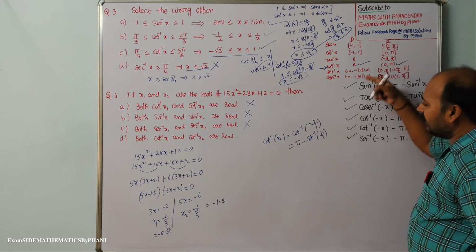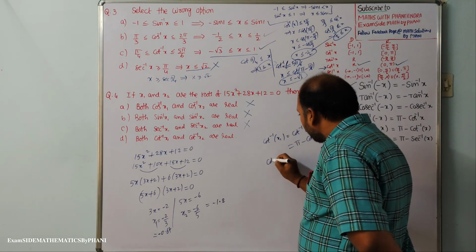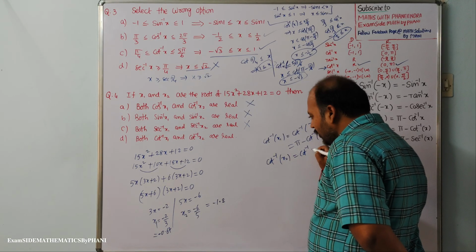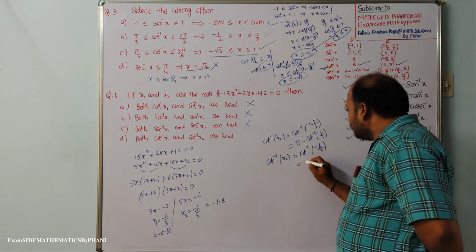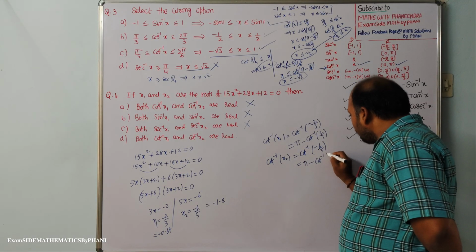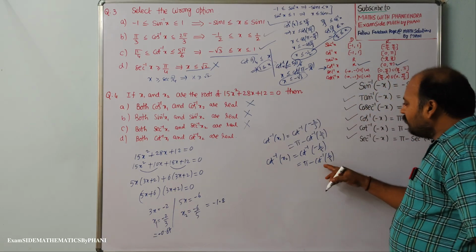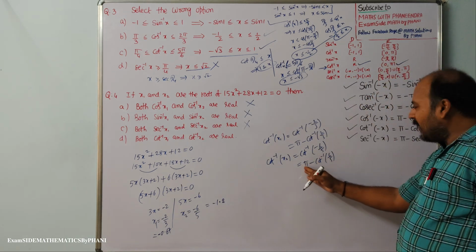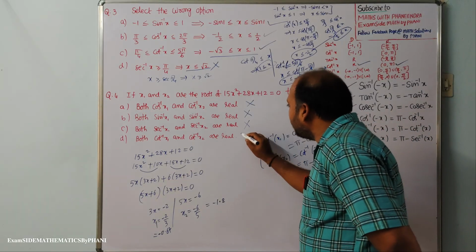Pi minus something means less than pi. Similarly, cot inverse of x2 is equal to cot inverse of minus 6 by 5, that is equal to pi minus cot inverse of 6 by 5. 1 point something it comes, pi minus only it comes, so that is also less than pi. So only these values are possible.